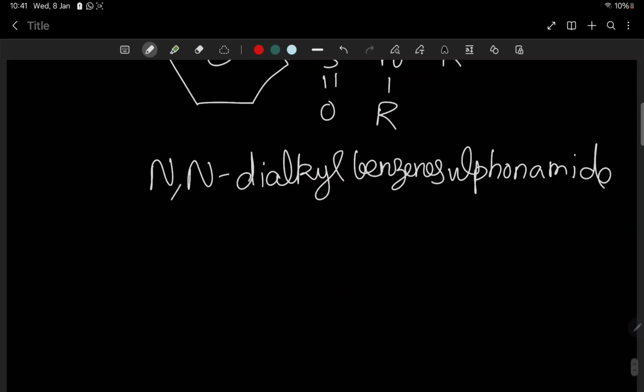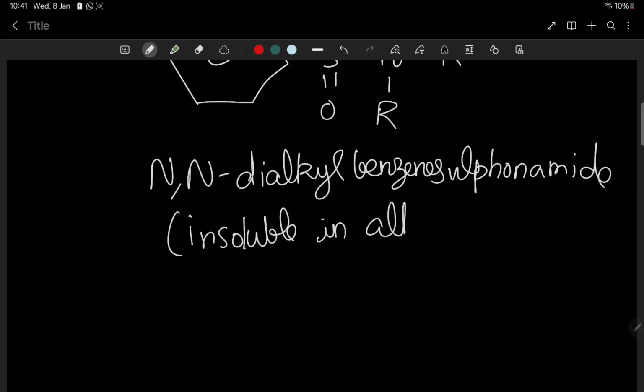The speciality of this compound is that it is insoluble in alkali.